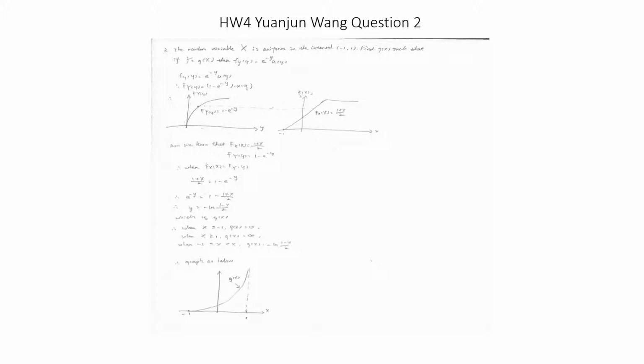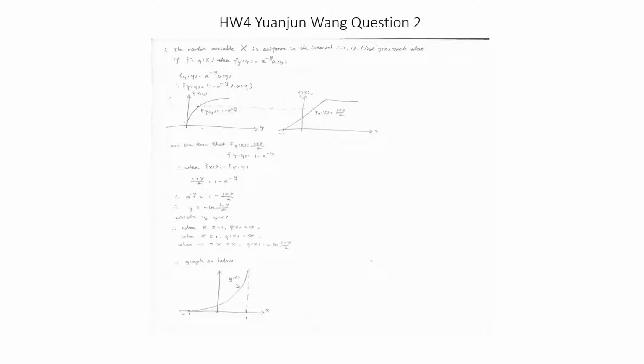As we know, when x is smaller than -1, g of x is equal to 0. When x is greater than 1, the g of x is equal to infinity. And when x is between -1 and 1, the g of x is equal to negative ln of 1 minus (1 plus x) over 2.